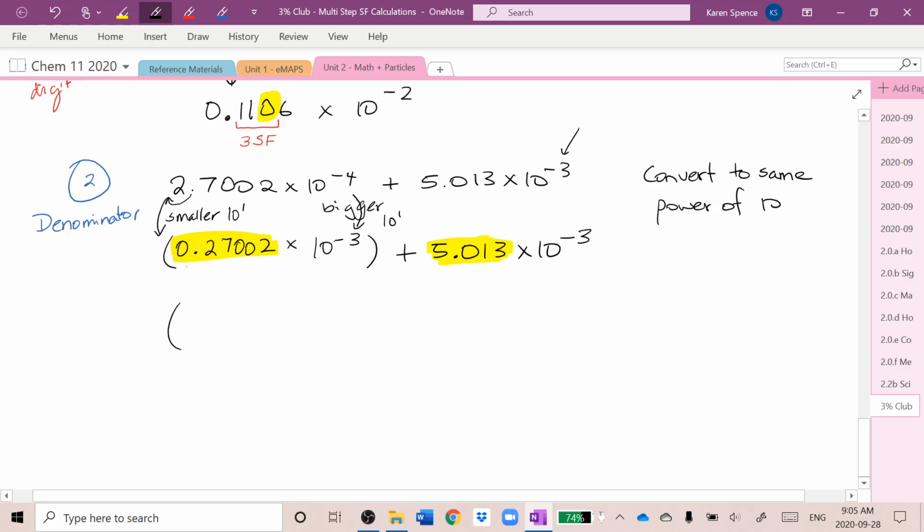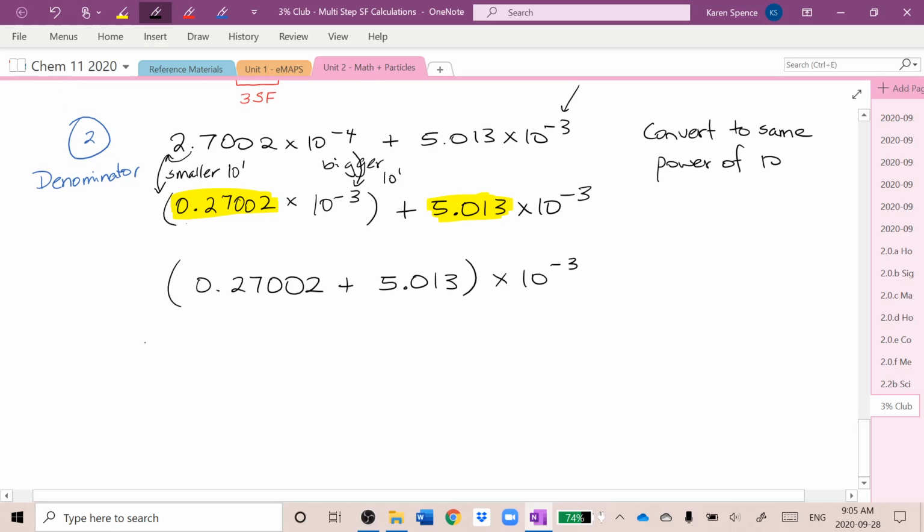So we have 0.27002 plus 5.013. And all of that is going to be times 10 to the negative 3. Toss that into the calculator and we get 5.38302 times 10 to the negative 3.